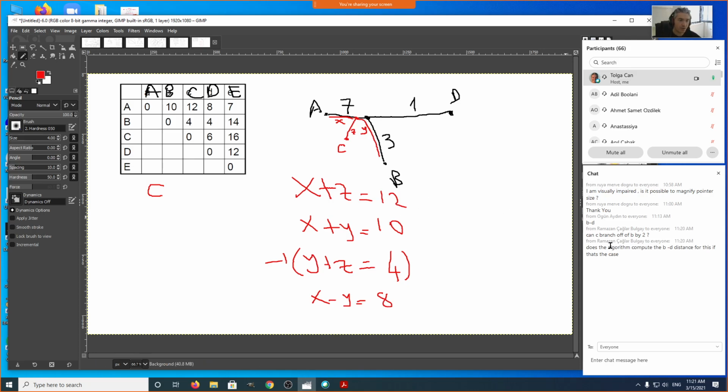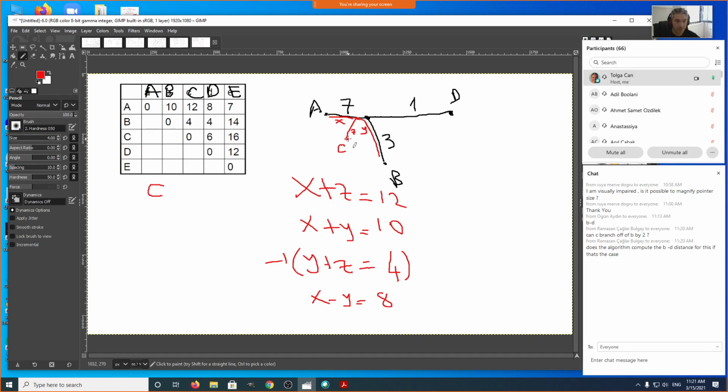In this case, we don't compute the BD distance. We don't use the BD distance because we choose to put C in between A and B. So the BD distance is not taken into account because we have a system of linear equations of 3 equations and 3 unknowns, and we try to put C in between them.